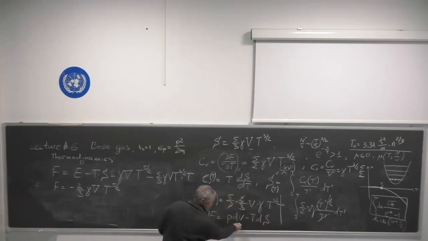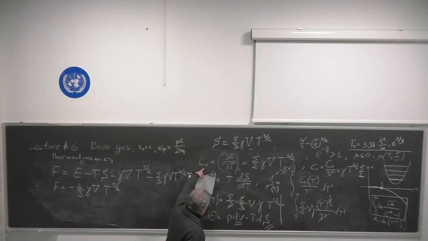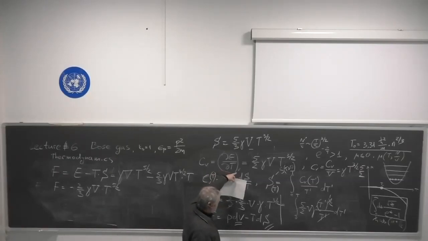So for energy, the proper variables are volume and entropy. Therefore, I define the specific heat as dE over dT at constant volume.